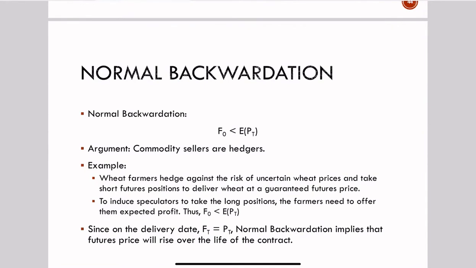And we know that in futures, if you're taking a long position, then your profit is given by PT minus F0, right? That is the price of the commodity on the delivery date minus your initial futures price. So in this case, if commodity sellers are hedgers, then PT has to be larger than F0. So that's why we will get normal backwardation.